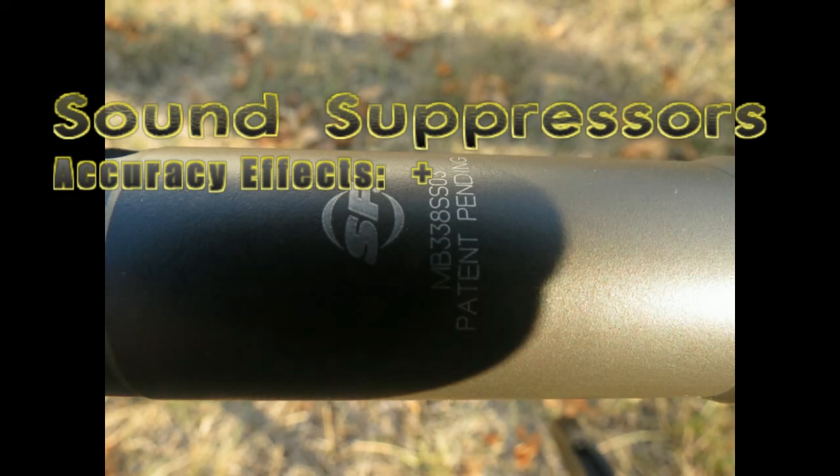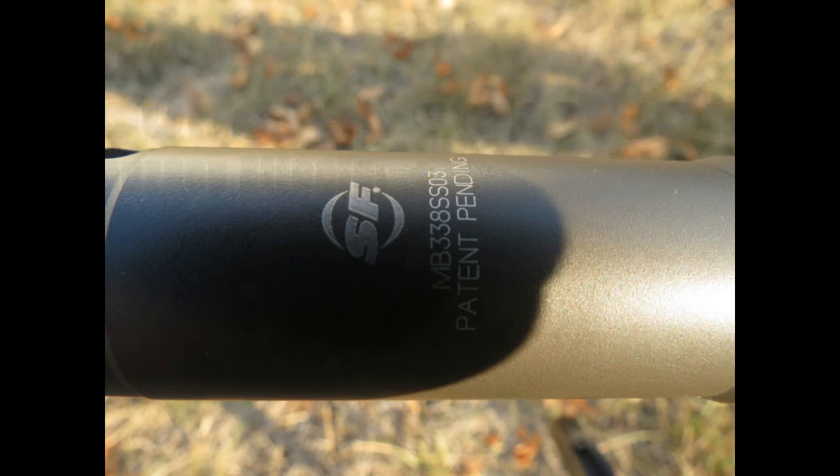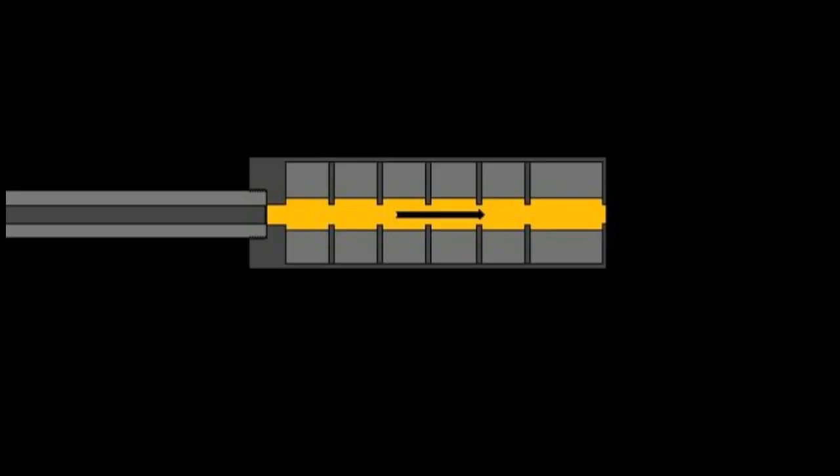In some cases, in the really well-made ones, I think AAC is a very good example of an extremely well-made suppressor, or Surefire, some of those other ones in that price range, the potential of your accuracy is actually improved a little bit, because that transitional zone of your bullet exiting the crown of the muzzle is eased by the presence of that suppressor there.